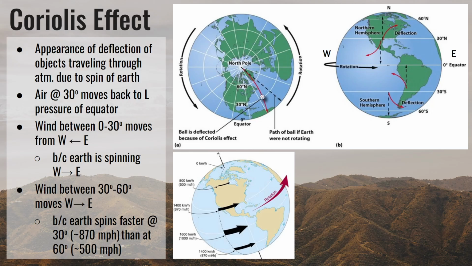It's going to cause you to run forward quite a bit. And this is why we see wind from 30 to 60 degrees actually traveling in the same direction as Earth's spin. It is because the Earth is spinning so much faster at 30 degrees than 60 degrees that the wind is deflected in that direction of the Earth's spin.